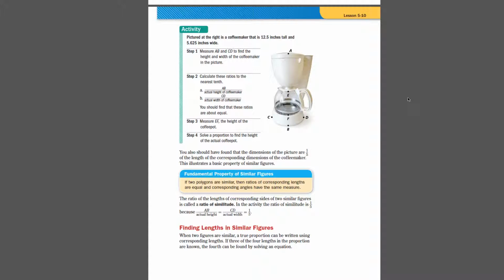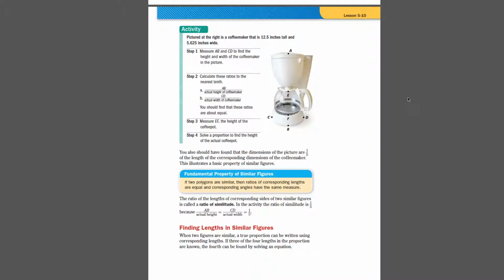The width divided by the actual width, which is 1 1/8 divided by 5.625, is about 0.2. We're going to find that these ratios are about equal to each other, which is what we should get if they are similar. We measure EF, which is the height of the coffee pot, and then it asks you to solve a proportion to find the actual height of the coffee pot. If you measure it, you're going to get that it's about 13/16.